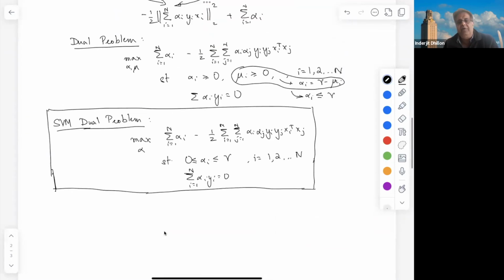So it's actually kind of remarkable that it happens. And like I said, it turns out to be easier to solve in practice.